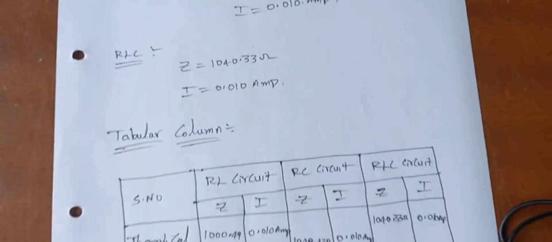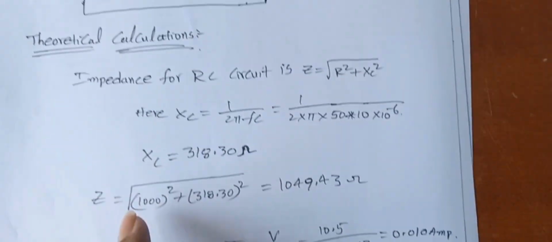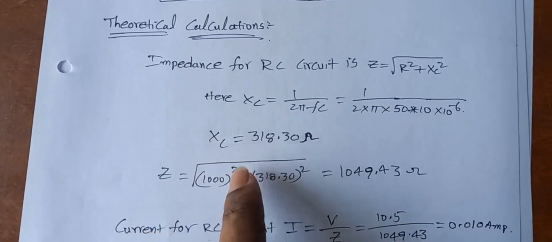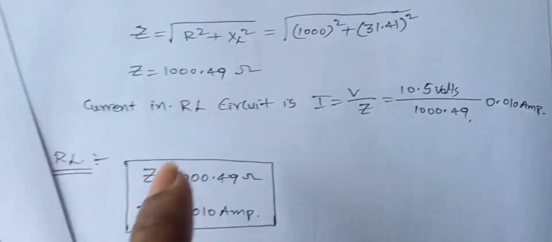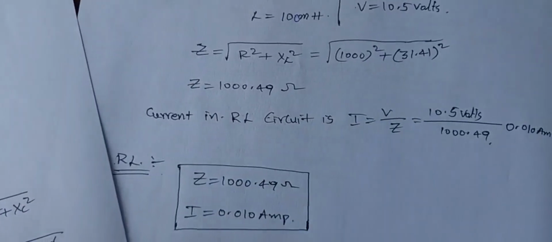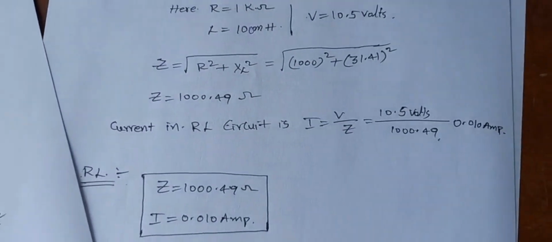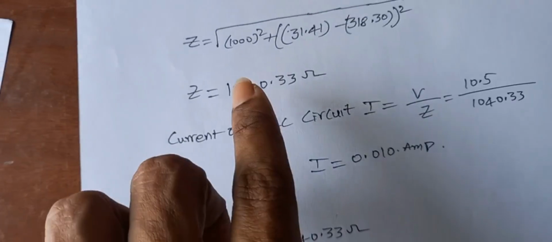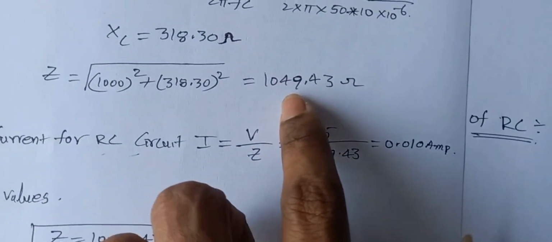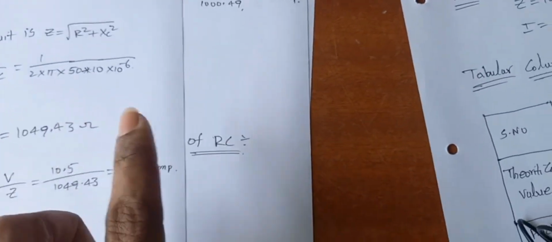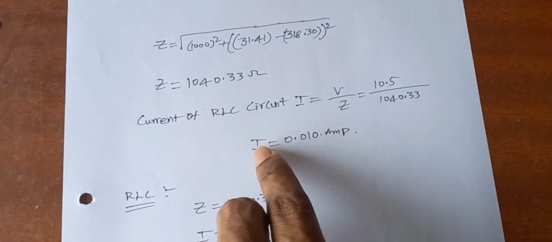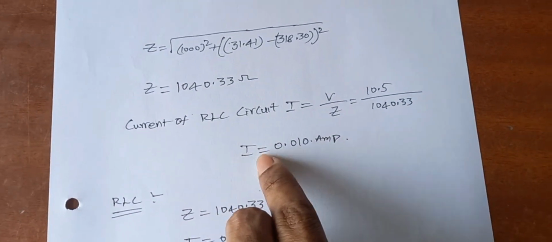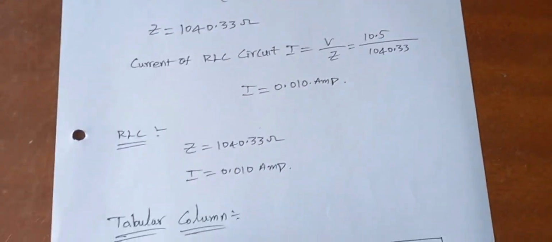In the first case we got an impedance of just 1000, so the difference is just 40 ohms. Here also it is the same: this one is 40 and previously it was 49, just a 9 ohm difference. That's why there is not much difference in the impedance calculation, and we got almost the same current in all the circuits, I equal to 0.010 amperes.